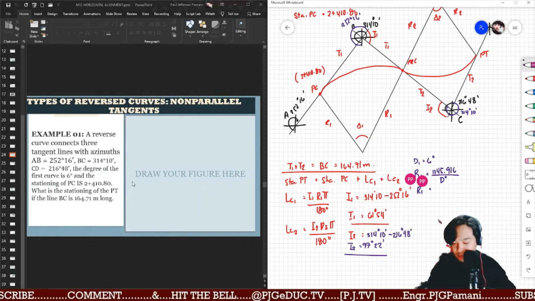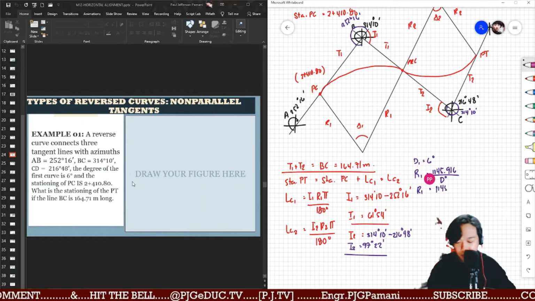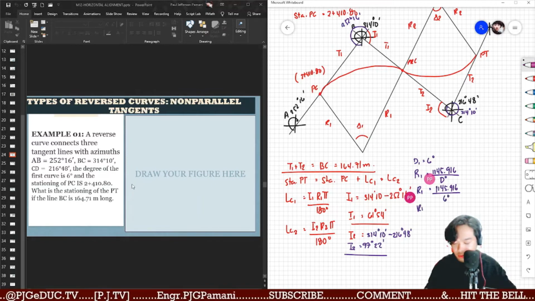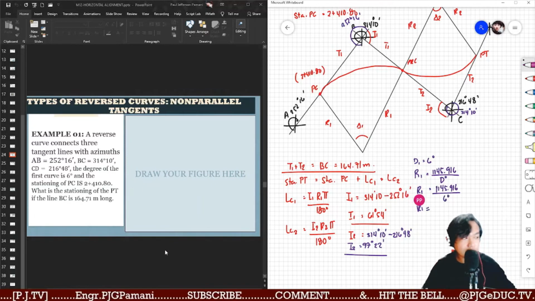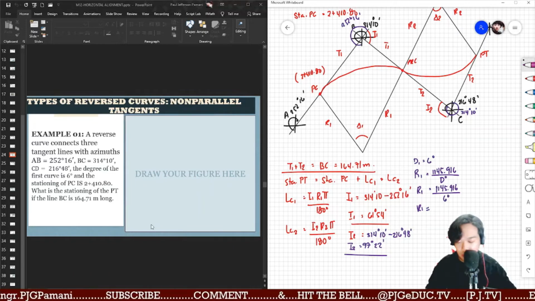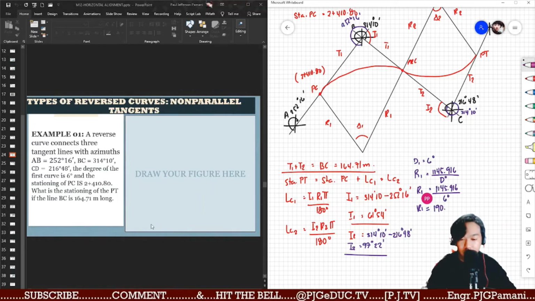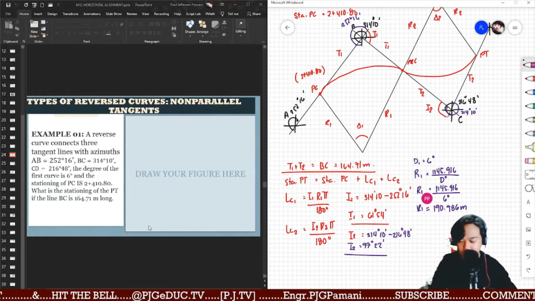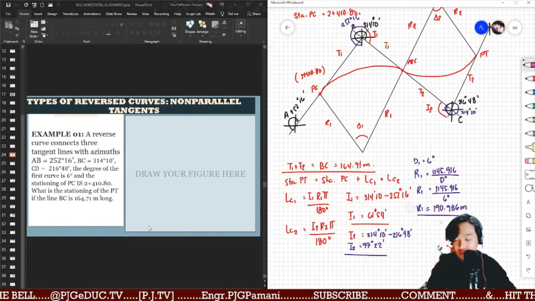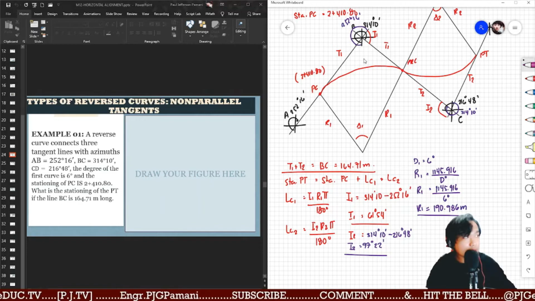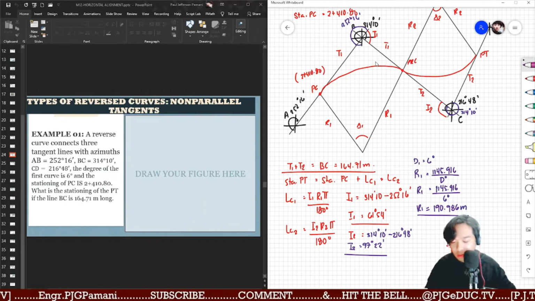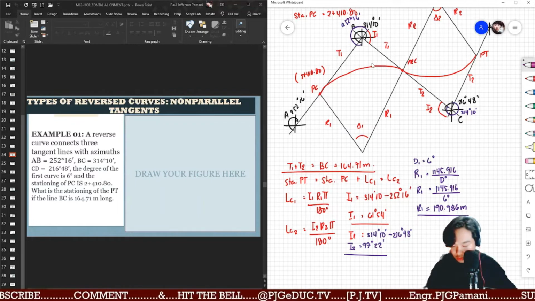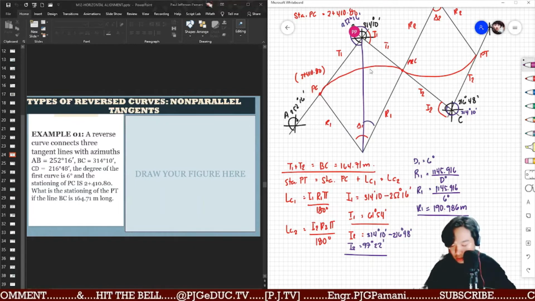R1 is 1145.916 over 6 degrees. So the radius of the first curve is now 190.986 meters. Substitute this to the formula in solving the tangent distance, T1. This is our right triangle.